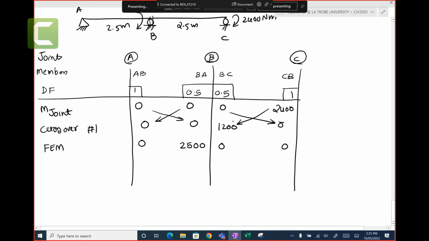Now we have unbalanced moments of about 2700. Right? You can look at that one. So to do that one, we need to make it minus 2700. Then minus 2700 times 0.5.